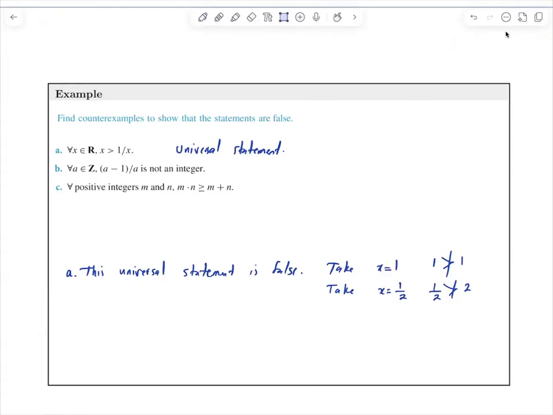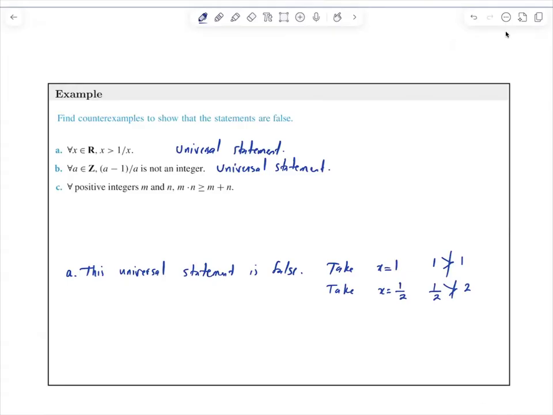This is again a universal statement. It is true if and only if it's true for every single value in the domain. If you can find one value that makes this statement false, you found a counterexample.